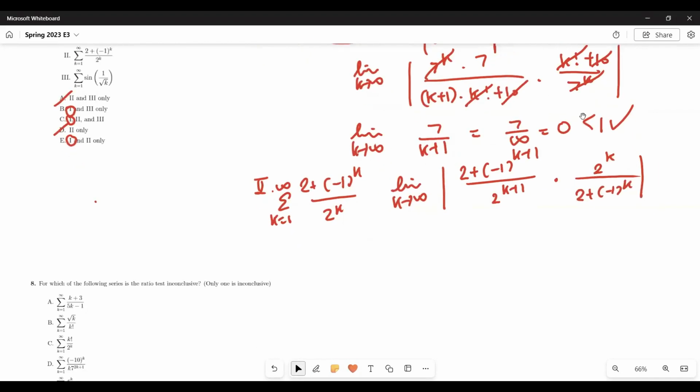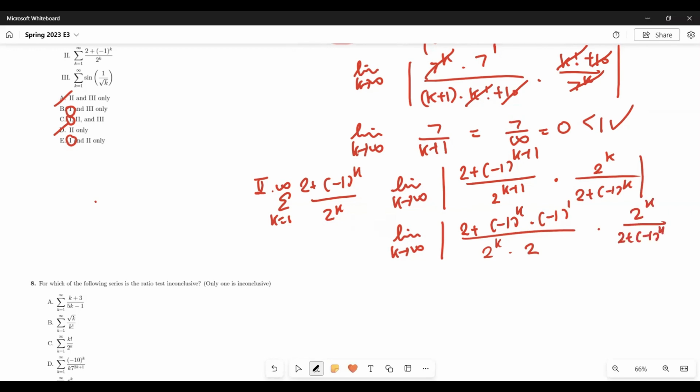I'm going to separate this in a way that you can cancel out. So 2 plus negative 1 to the k times negative 1, which is the same as negative 1 to the k plus 1, over 2 to the k times 2, which is the same as 2 to the k plus 1, times 2 to the k over 2 plus negative 1 to the k. 2 to the k cancelled out, right?